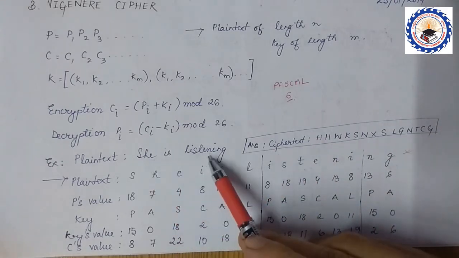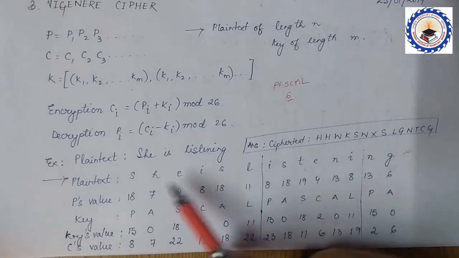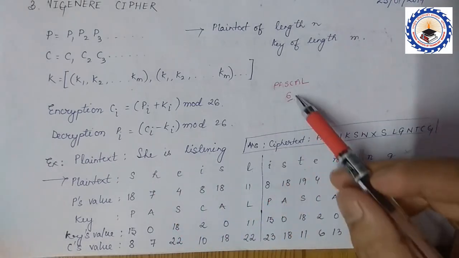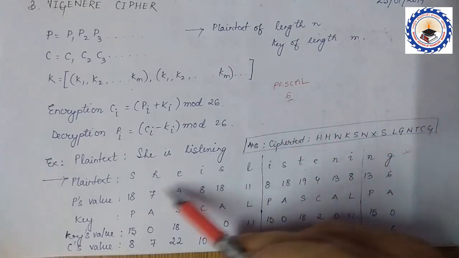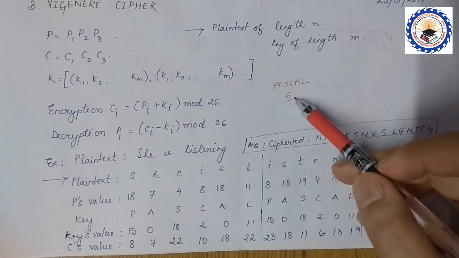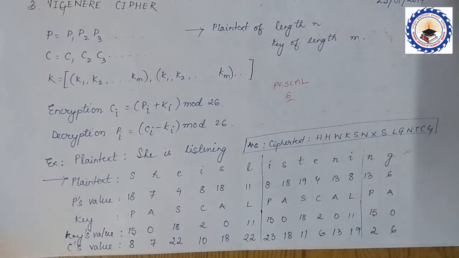Given any plain text, first of all, you have to divide it into blocks or groups, and the length of each block should be 6 here. Means for this example, it is 6. In another example, it may be 5, 4, or even 2. So consider the length of the given key, and form the groups according to the length of the given key.